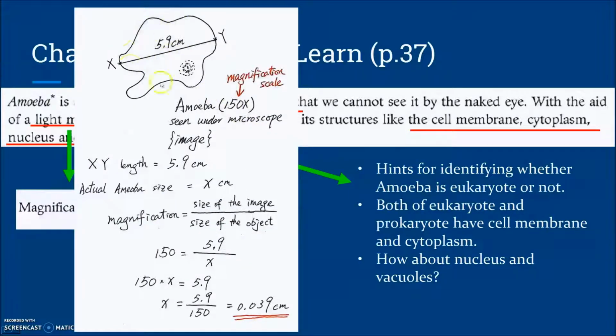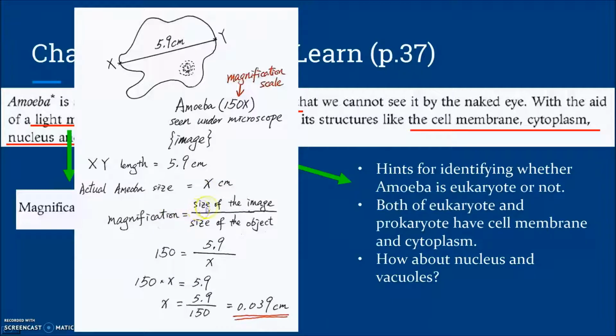So this picture is drawn by me. The actual length of x and y you need to measure by yourself using a ruler. So 5.9 cm is not the answer, I just made it up. So for the amoeba, x and y is 5.9 cm, the magnification scale is 150, and the actual size I don't know, so I let it be x cm.